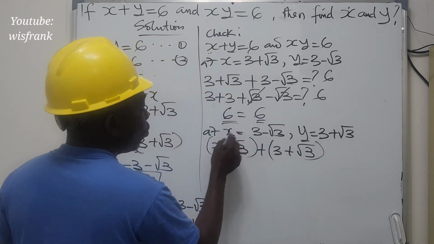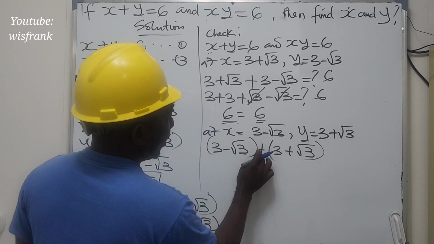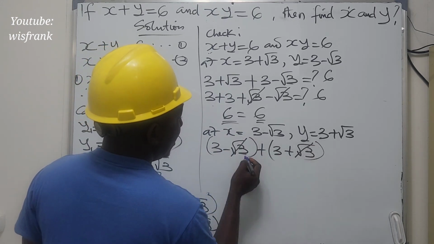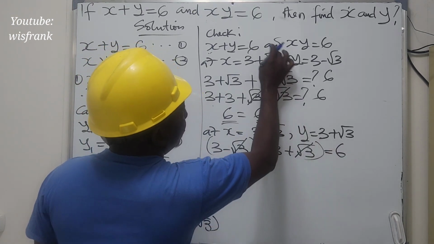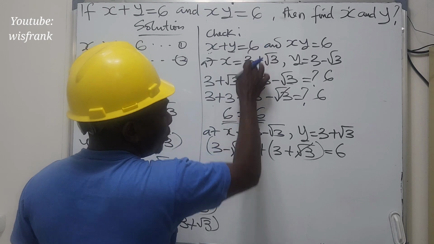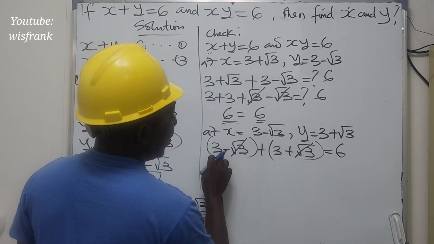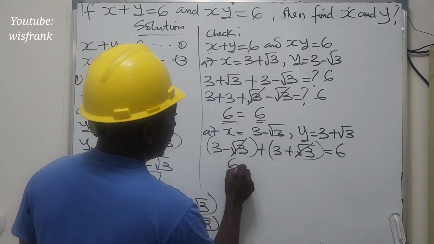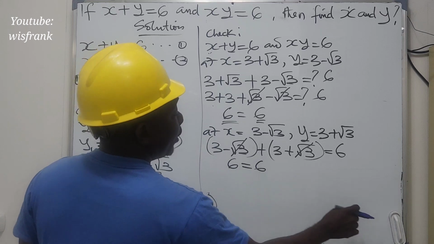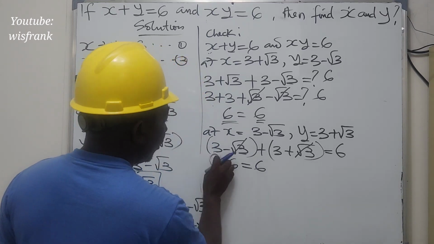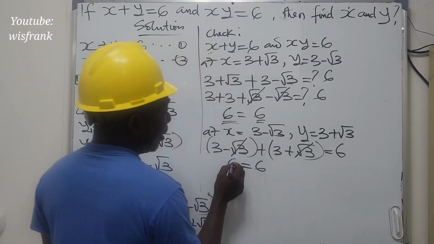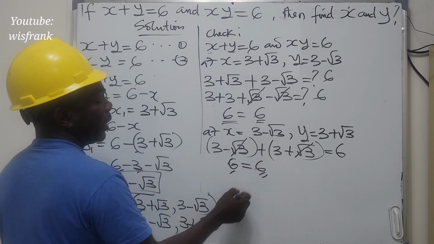So when we add this, we can see that this will cancel here, and it equals 6, because the equation says x plus y equals 6. When this cancels this, we have 3 plus 3, which is 6, equals 6. So the second equation still gives us 6. What we have on the left hand side is what we have on the right hand side.